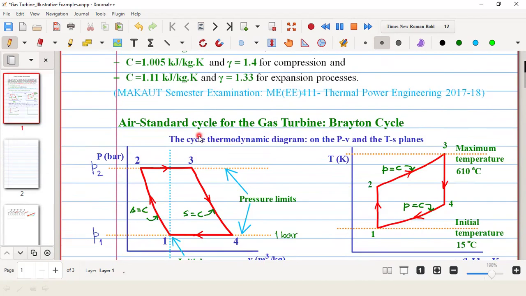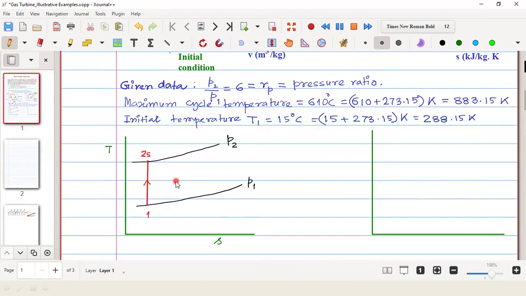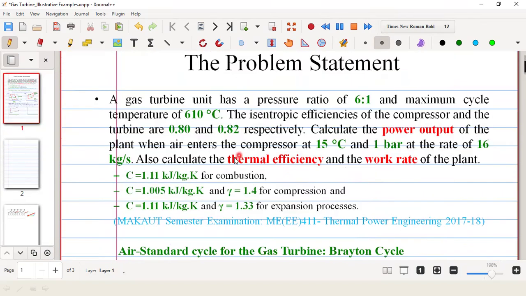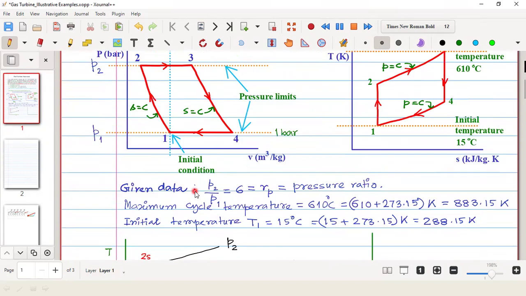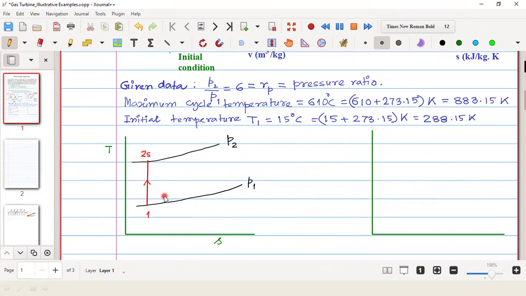So that means that there is a deviation. If it is 100%, then it would be following this line 1 to 2. Otherwise, if it is not 100%, then there is a deviation from this process. So deviation means basically there will be an increase in entropy during the compression.